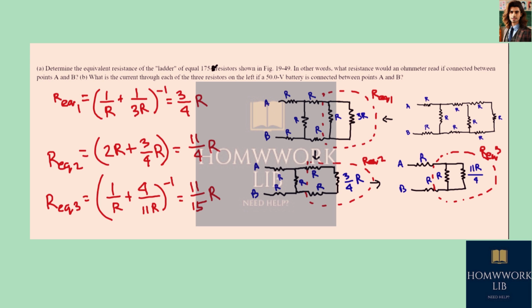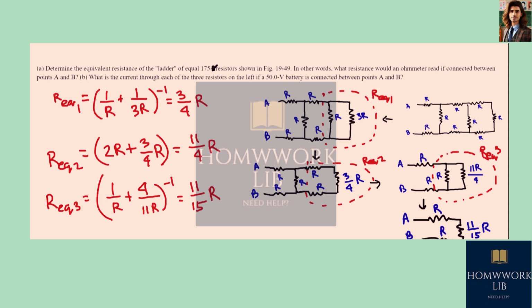Right. So now if we replace this guy, we should have a pretty straightforward circuit like this. And this is going to be A, this is going to be B, this is R, this one is R, and this one is 11 over 15.